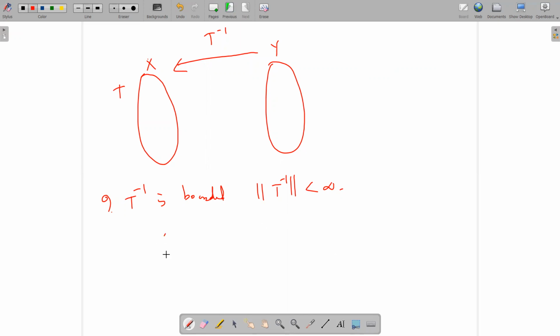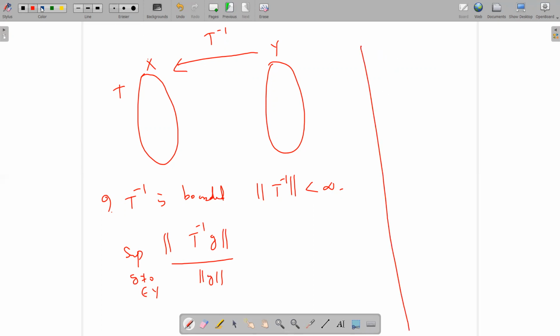And norm of T inverse is the supremum of norm of T inverse y by norm of y, where y not equal to 0 belongs to capital Y. In order to find this number, we start with y belonging to capital Y. So let y belong to capital Y. We know that T is onto.